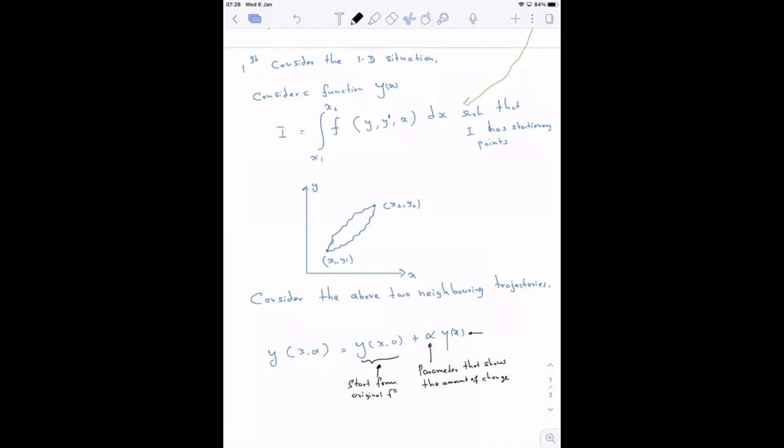And this one right here, eta of x, is the function that defines the movement from the old curve to the new curve.